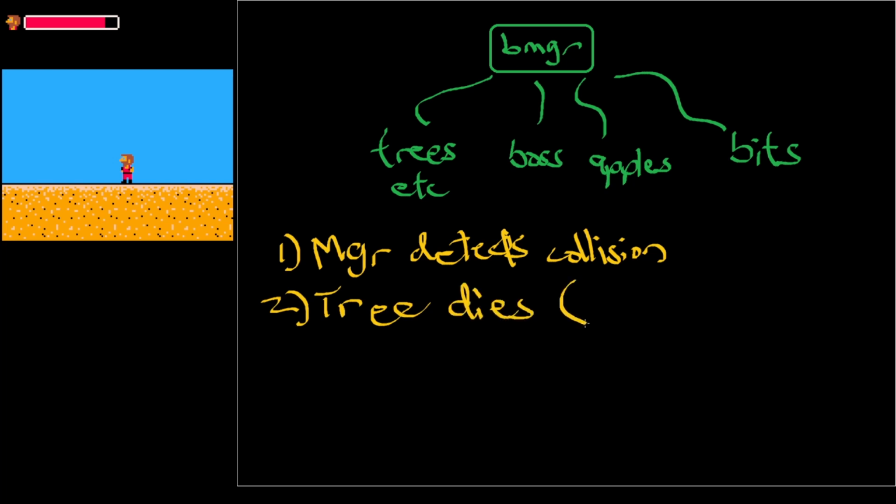And this has some X and Y information that needs to be recorded, right? We want the bits to not just show up arbitrarily on the screen. They need to show up where the tree gets hit, where the impact happens. So my options were either from the collision detection function to return this data to main and have main do it, or to encapsulate everything in the baddie manager, which is a lot easier, because the manager already knows where the dead tree is and knows everything it needs to know to create the bits. So that's where I put the logic. So now we've just added make some bits.